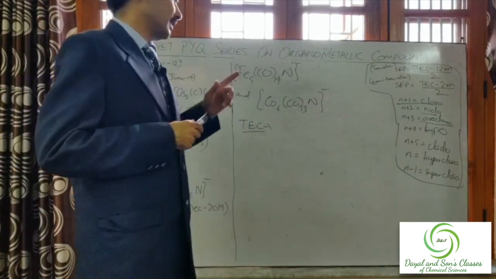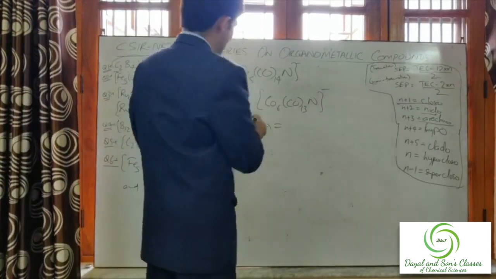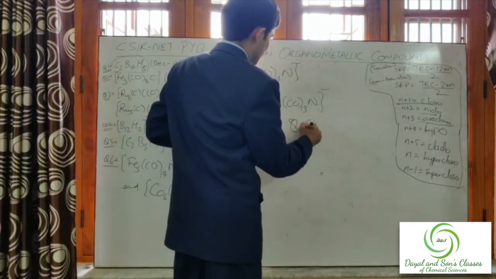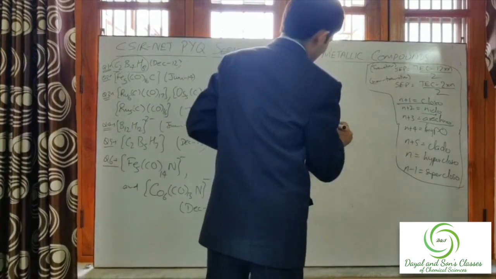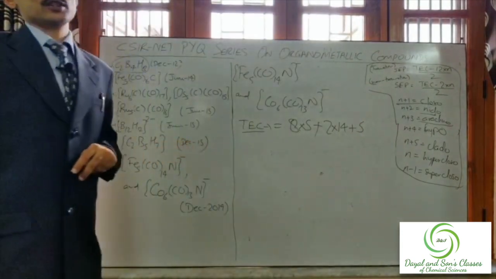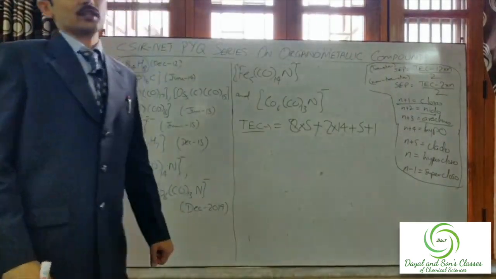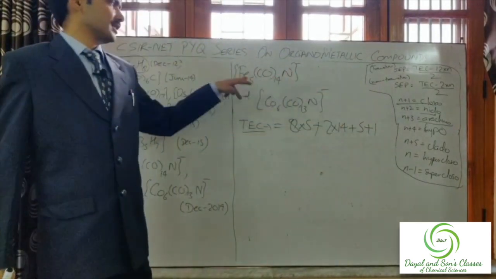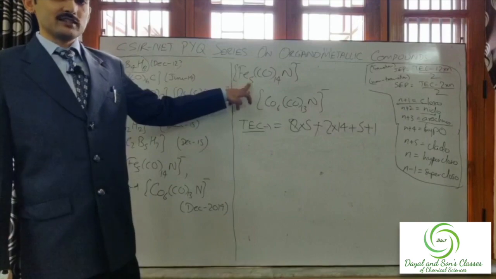Therefore, while counting the total valence electrons, what will we have for iron? 1 iron contributes 8 into 5. Each carbonyl contributes 2 into 14, and 5 electrons for nitrogen. And there is 1 negative charge, that means plus 1. Now, why have I written 5? Because here it is a multinuclear cluster.